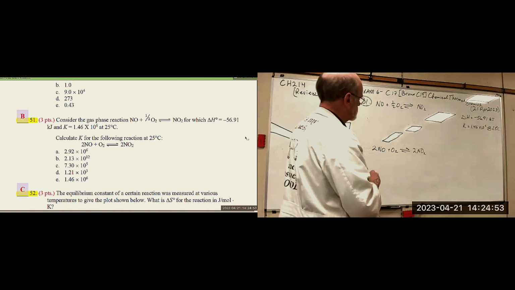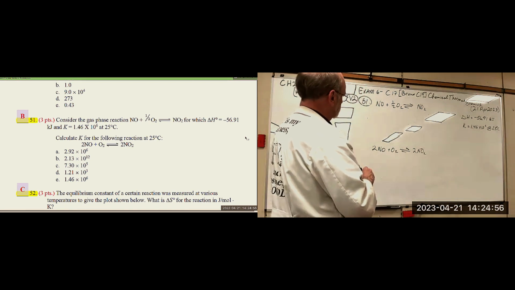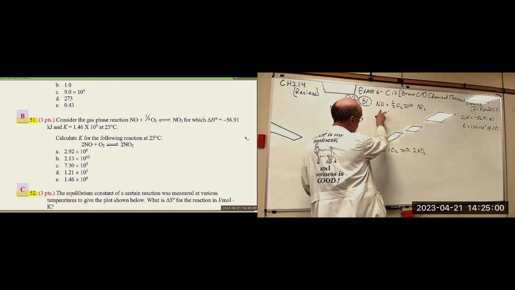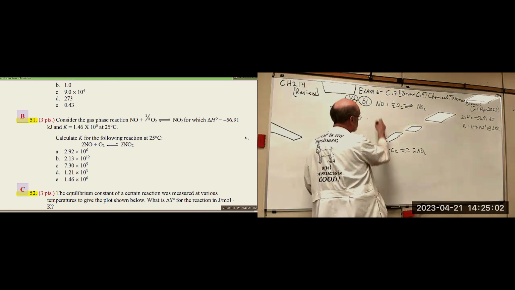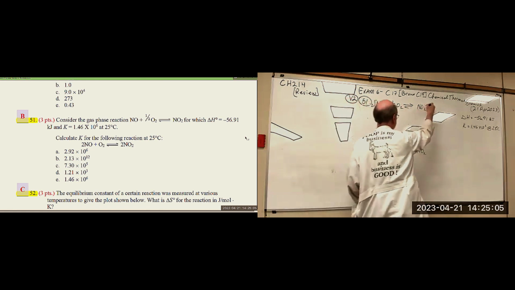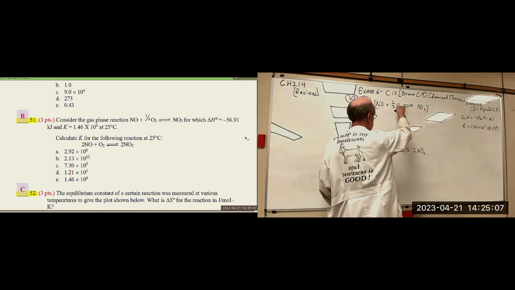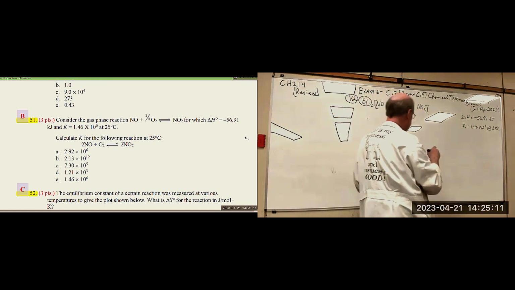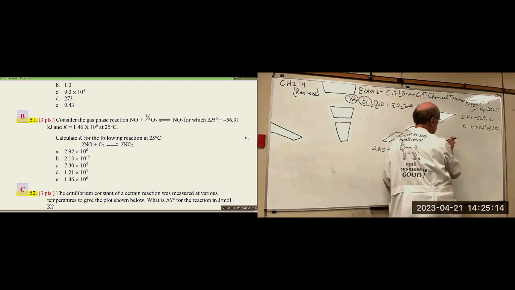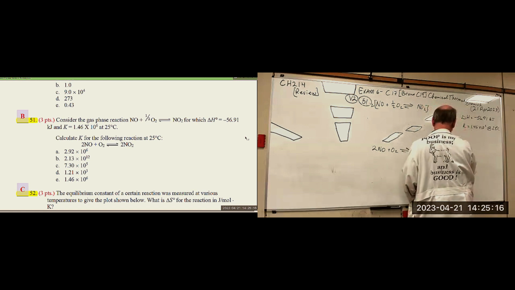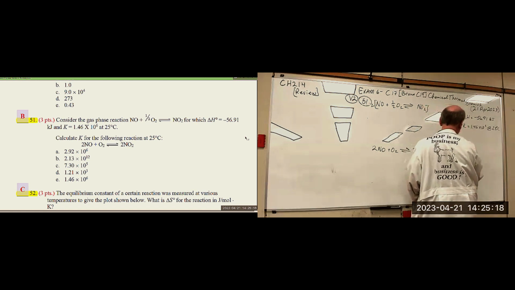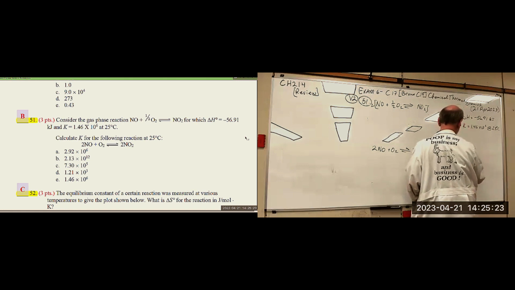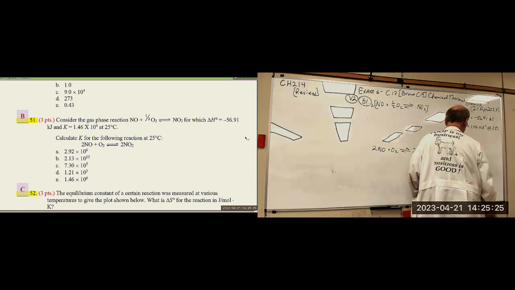Okay. This is not as complicated as I thought it would be. Because in order to go from here to here, we multiply this thing by 2, right? That gives us 2 there. Takes out the fraction there, gives us 2 there. So all we've done is multiply this by 2, which changes K to 1.46 times 10 to the sixth, squared.